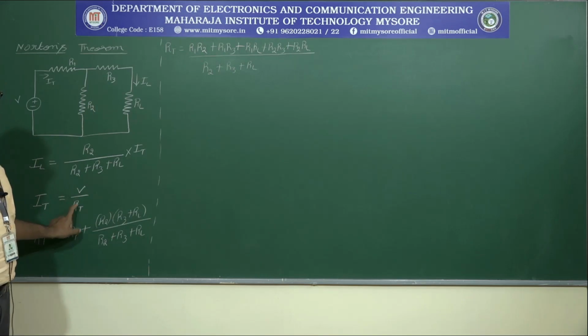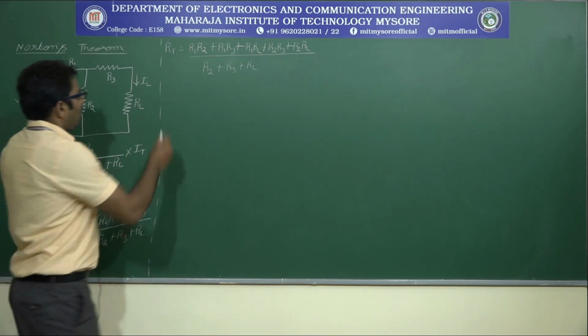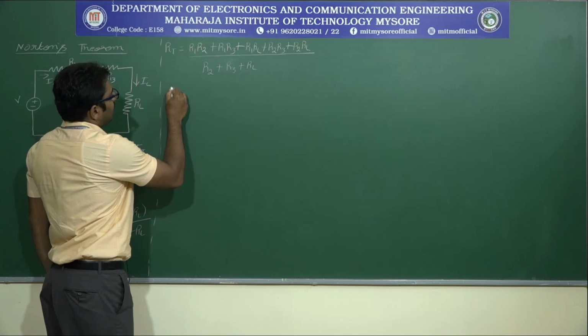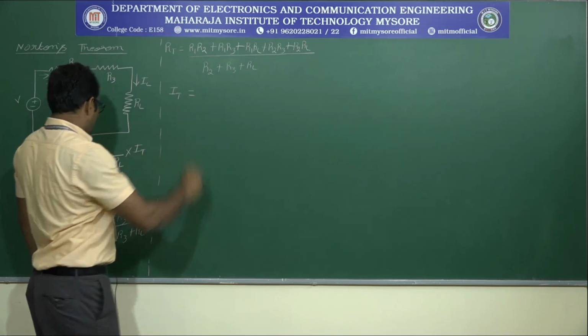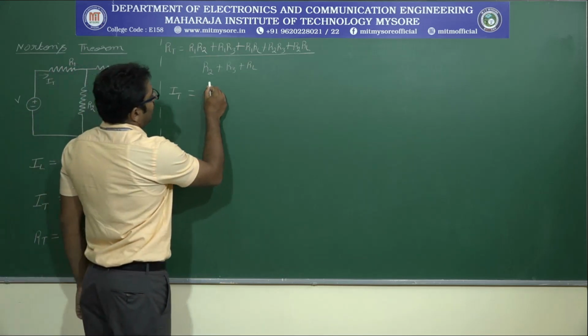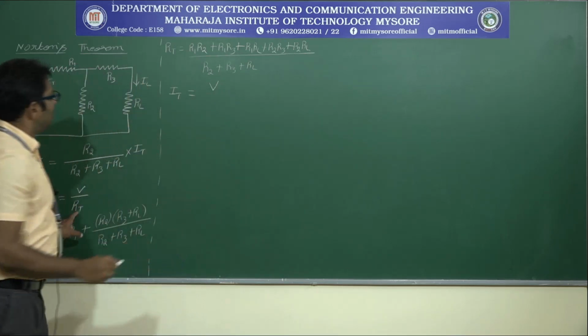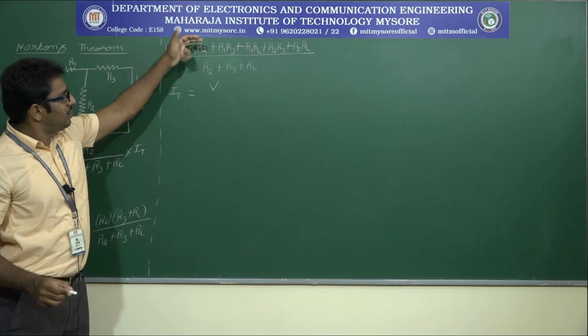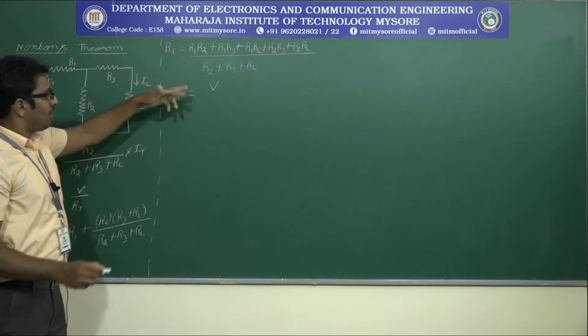Substitute RT in the above equation. Therefore, IT is equal to V divided by RT. What is RT? The numerator divided by the denominator.